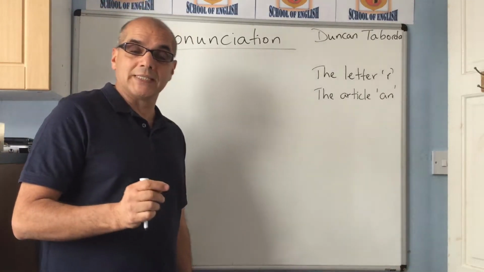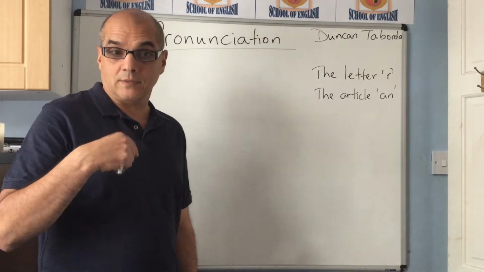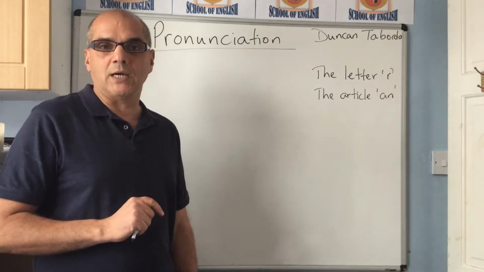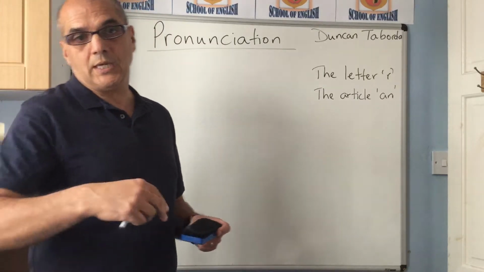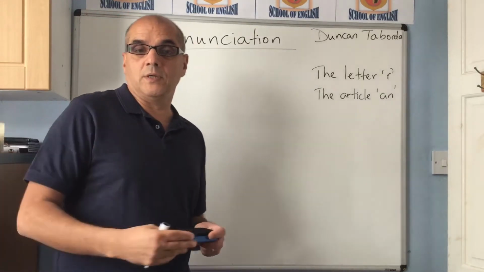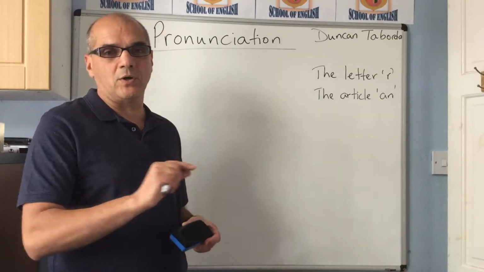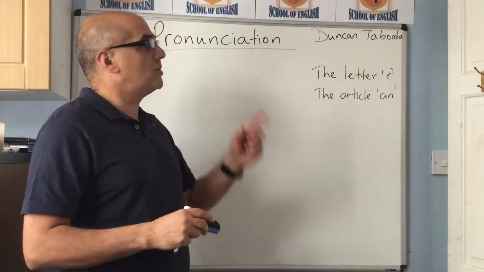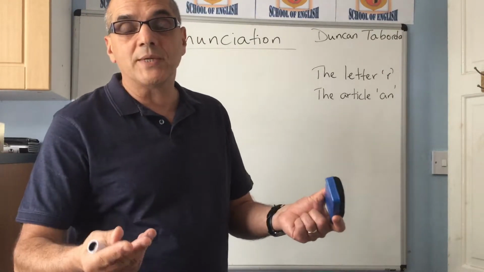In American pronunciation, they always pronounce the R. And here in the UK, in Scotland, they always pronounce the R. But if you're trying to improve your pronunciation here in the UK, you're more than likely not going to be doing it with a Scottish accent. You're going to be doing it with what we call a neutral accent. So that means we're going to go on the basis that we do not pronounce the R unless it's followed by a vowel sound. So let me give you some examples.